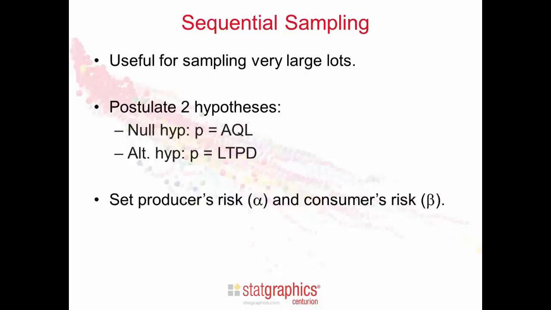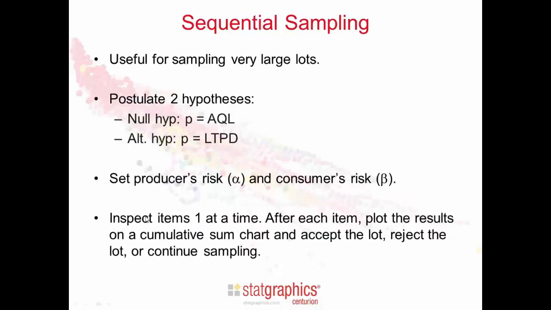Okay. Like the OC plans, we will set the producer's risk alpha at the AQL. We'll set the consumer's risk beta at the LTPD. What's different here, though, is we are going to start and we'll inspect the items one at a time. We'll start sampling from this very large lot, items one at a time. After each item, I will plot my results on a cumulative sum chart.